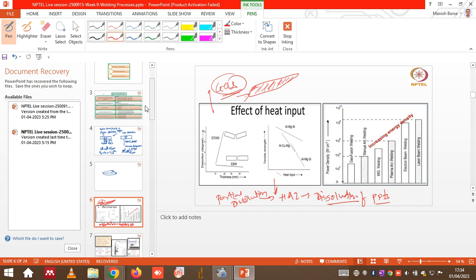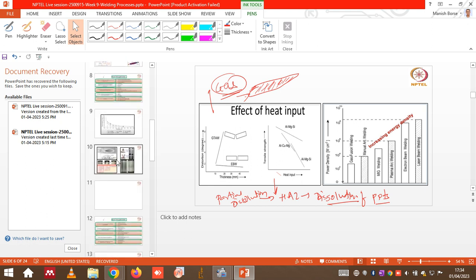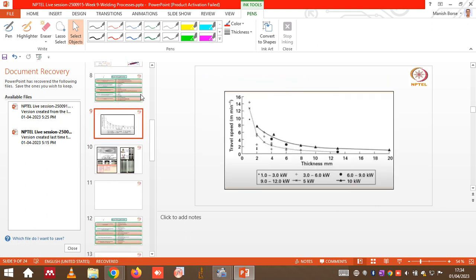And also in case of laser beam welding, we have seen some plots. Let's say if we want to weld a very thick section, then we can use higher power beam sources, because we are able to get a keyhole type of, or through thickness, weld.